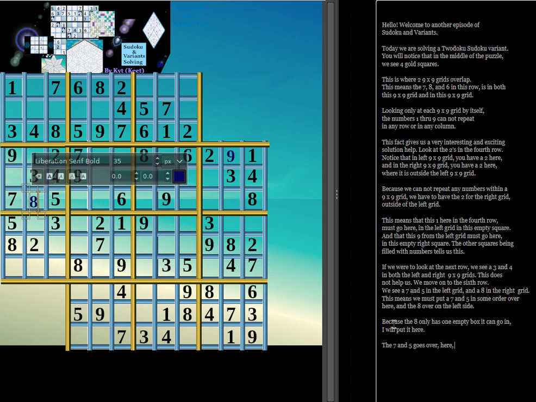Go through here. But we have to use cross hatching to figure out which number goes where. We look at the second column from the right and see a 7.